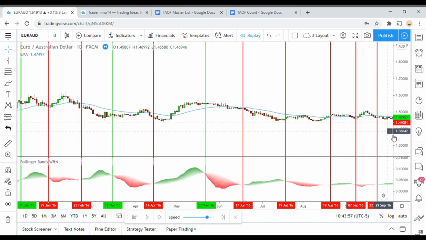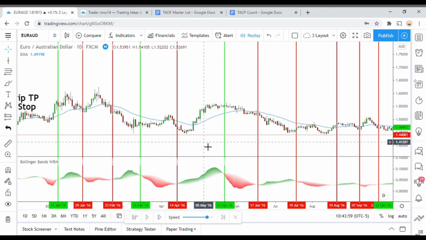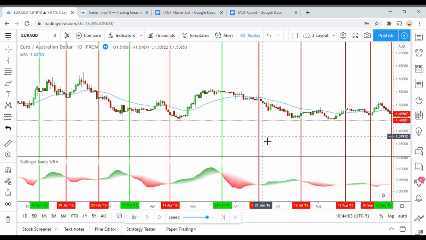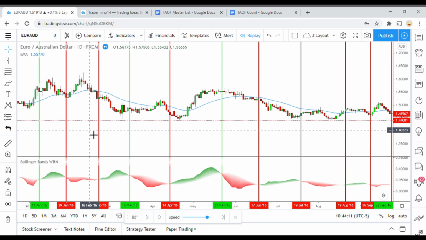And so at that point, we would be able to get an idea, and what we're looking for would be only the green clouds, which are indicating that the bands are actually expanding. And as the bands are expanding, that means there's confirmation behind the momentum in the move of one direction or another.